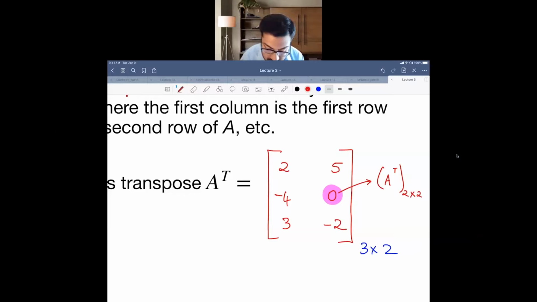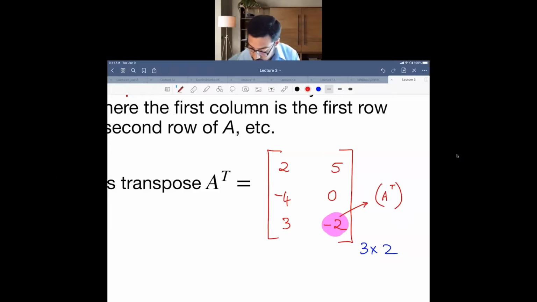Maybe I'll choose a different one, because this is 2 by 2. All right, let's take this guy. This element is an element in A transpose, and its location is third row, second column. So instead of writing 3 by 2, I'll just write i, j equals 3, 2.